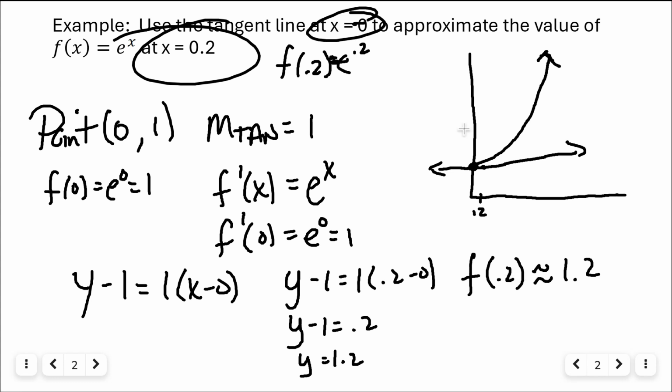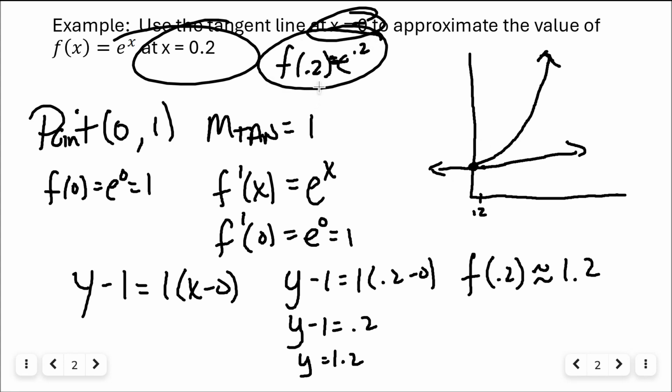Now, is that the right answer? Is that the true answer for f of 0.2? No, it's an approximate answer. It's close, but it's not the exact answer. So the question is, could we find the exact answer? Well, we'd have to know what e to the 0.2 was to get that.